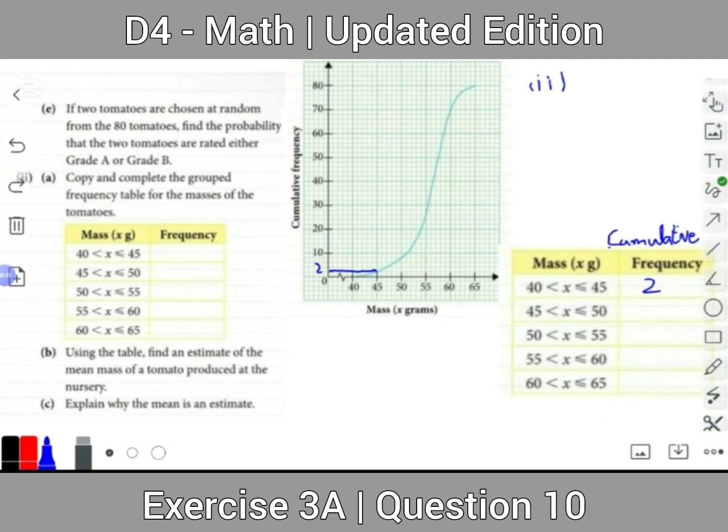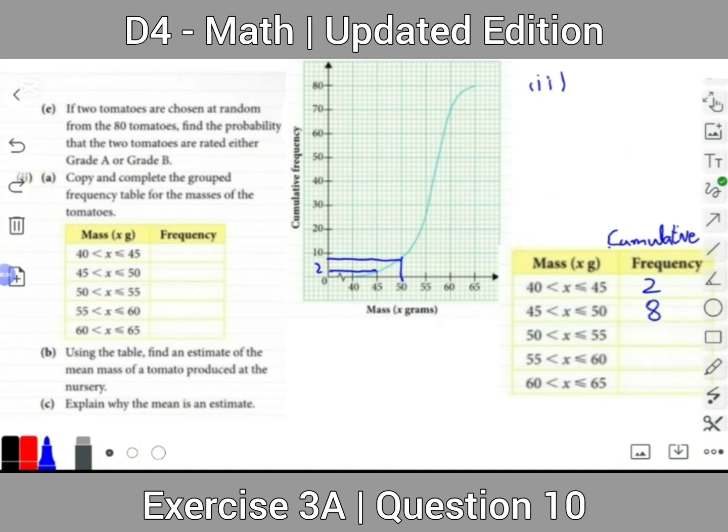From the curve, for 50 grams, the cumulative frequency is, this is 2, 4, 6 and 8. So the cumulative frequency for 50 grams of tomatoes is 8.